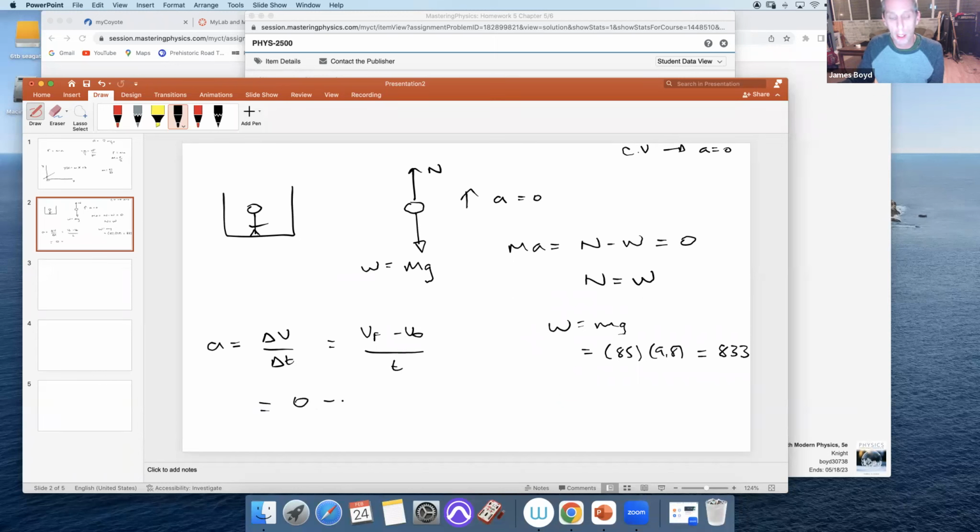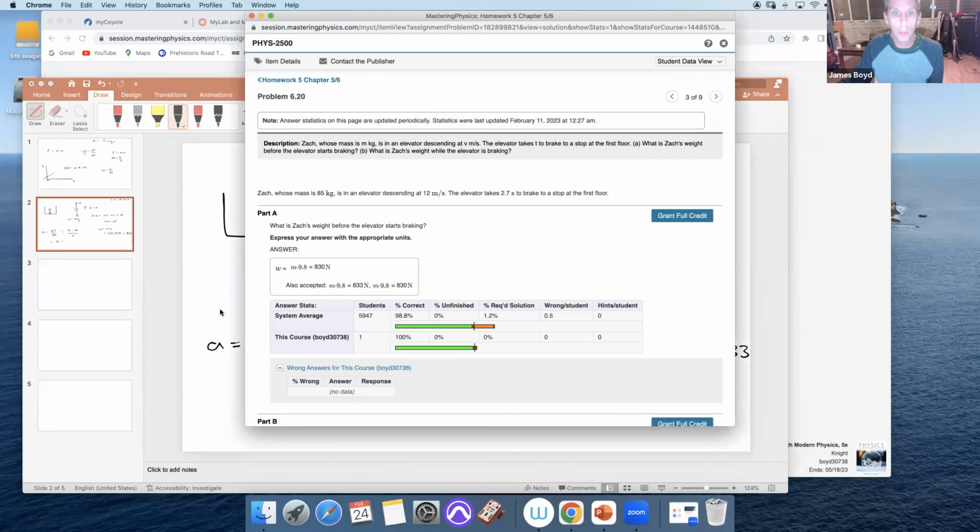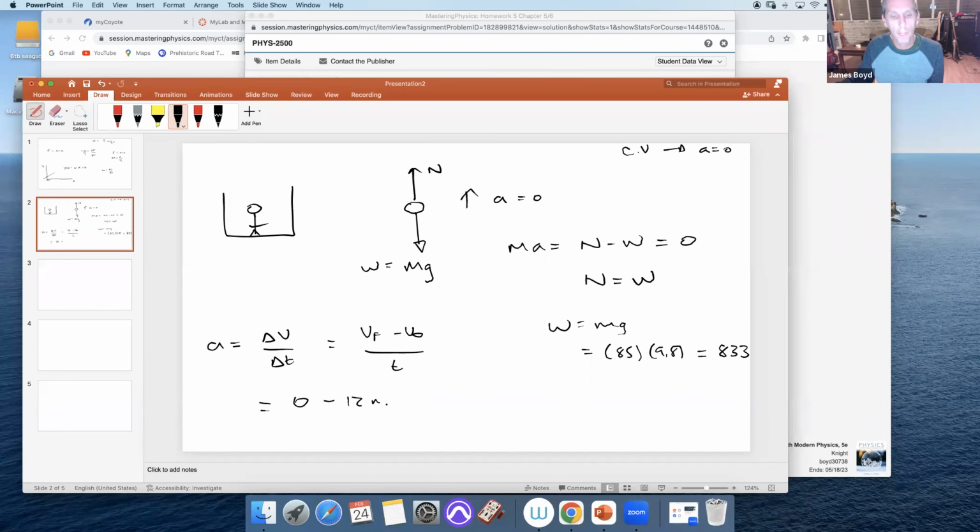It comes to a stop. And v initial was 12 meters per second. And this was 2.7 seconds. So our acceleration is negative, or down, 12 divided by 2.7, 4.444 meters per second squared.